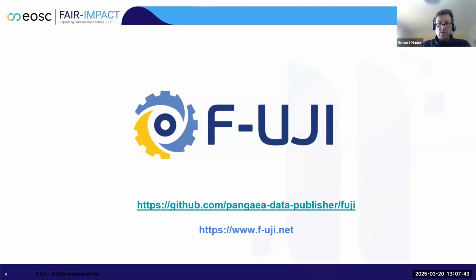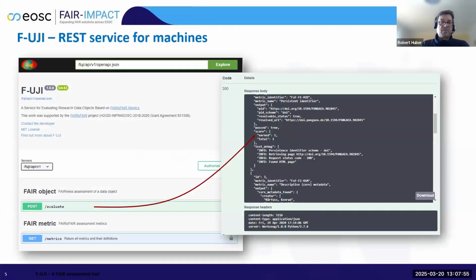The tool is available as open source. The GitHub repository and some more information is available at a dedicated web page, which you can reach at f-uji.net. So FUJI can be used in two ways. First, you can simply download the code, and I will show later on how this can be done, and install the tool locally.